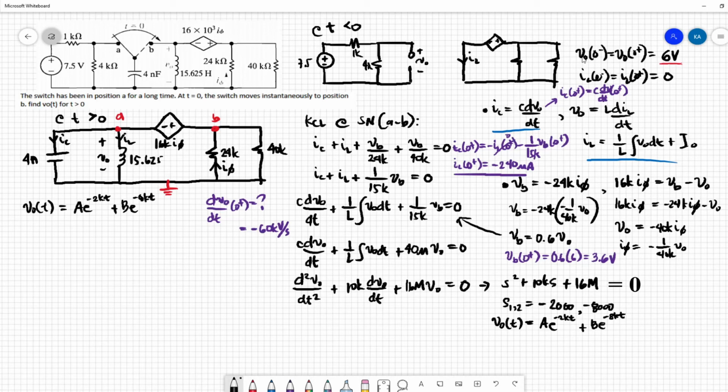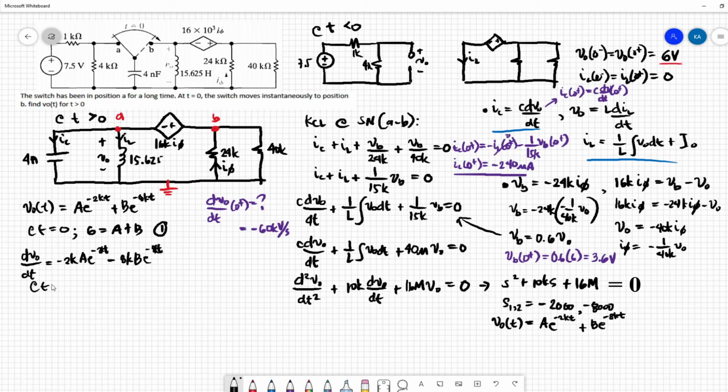We have now our initial conditions. At t equals 0, this equation becomes 6 equals A plus B. Equation number 1. For equation number 2, we have dVo/dt equal to negative 2k A e to the negative 2kt minus 8k B e to the negative 8kt.